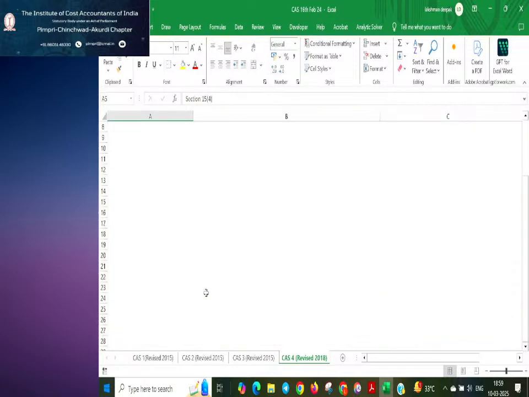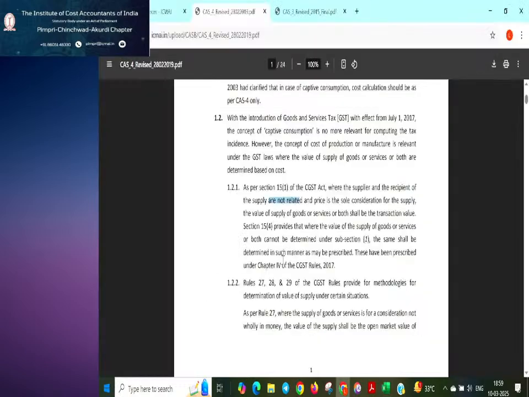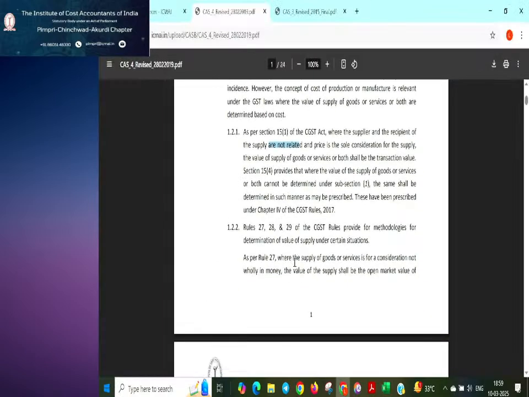So each of the GST rules states how we have to consider cost. If the people are not related and if the price is the sole consideration, then you go by the transaction value. If not, you go by the open market value. If there is something in kind, then you have to convert it and add it together.